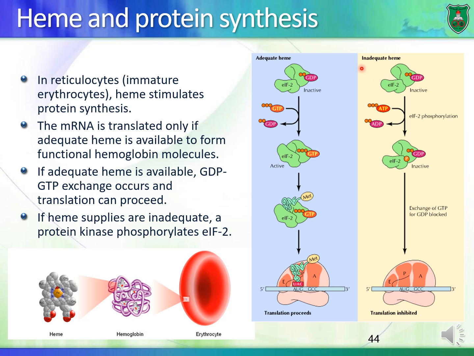Now, in case there is no adequate heme, then you have activation of the kinase, the enzyme that phosphorylates initiation factor 2, and in this case GDP cannot be released and it cannot be replaced by GTP. So translation as a whole is blocked.